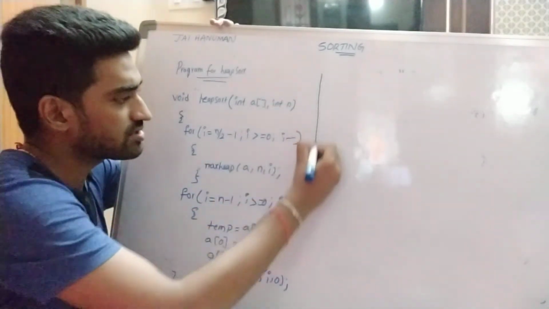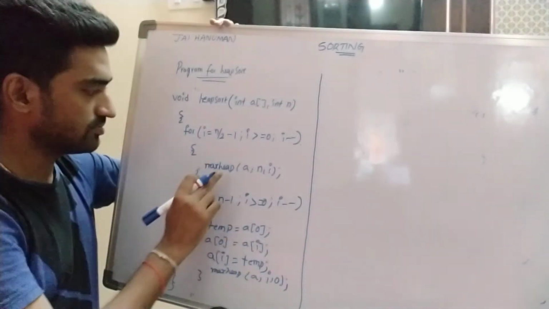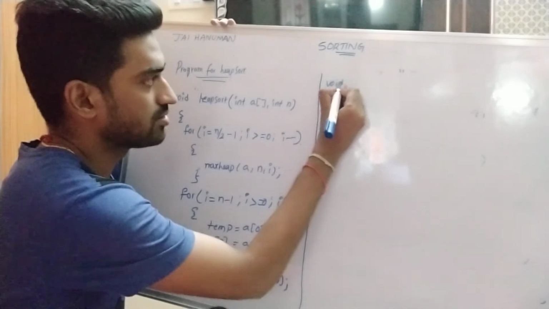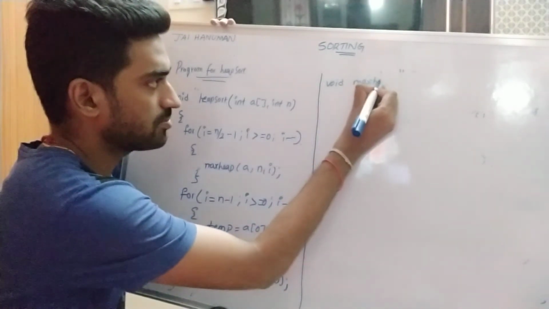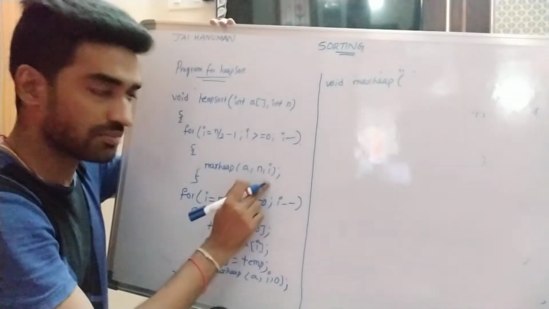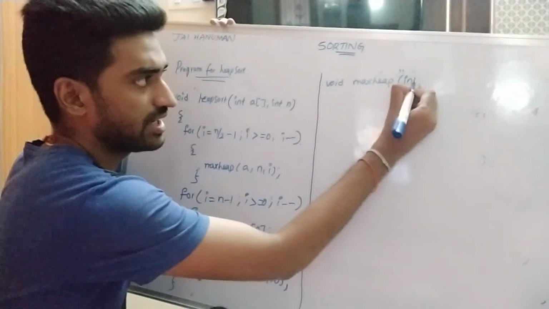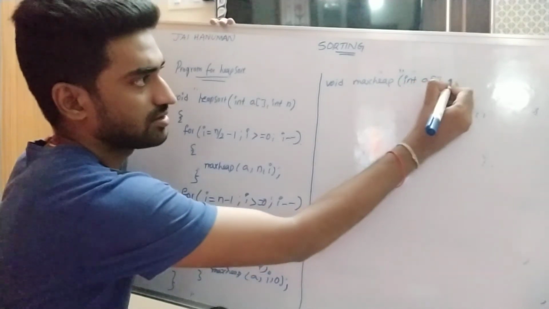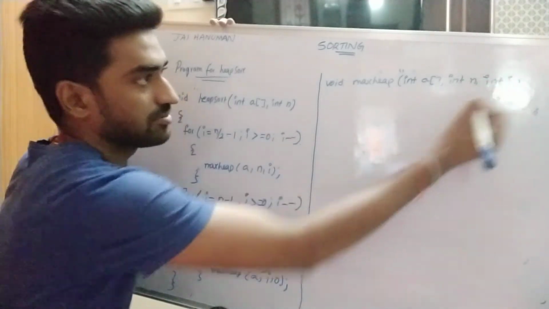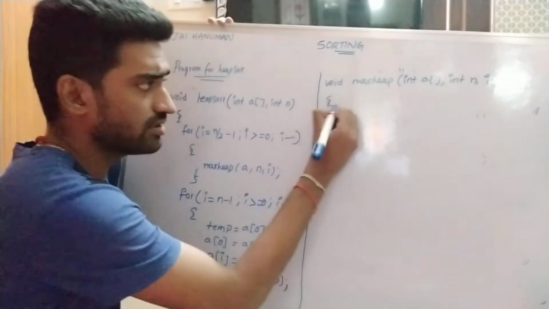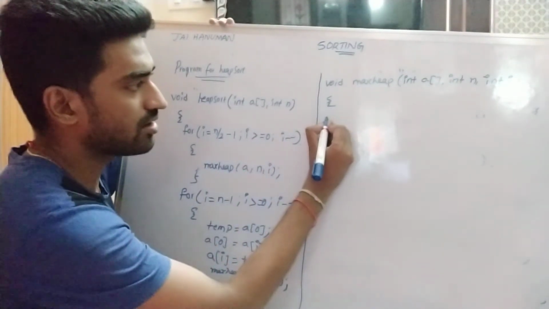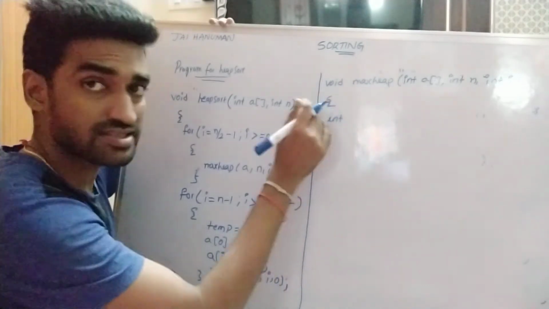Then I am writing the function definition for max heap. So what are the parameters? a, n, i. So int a, int n, int i. Right, so then here first of all we can set some values.